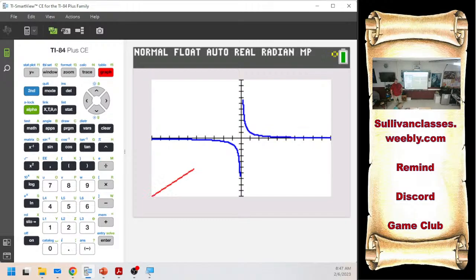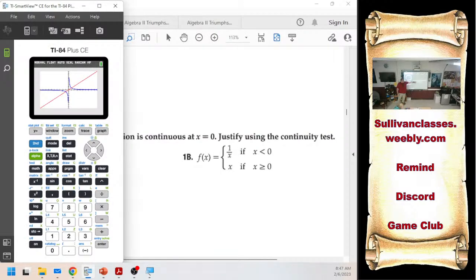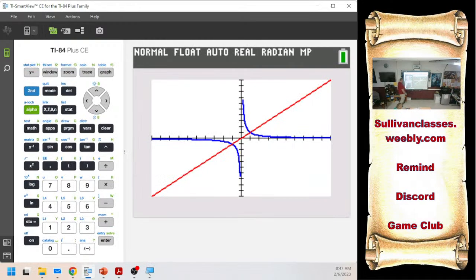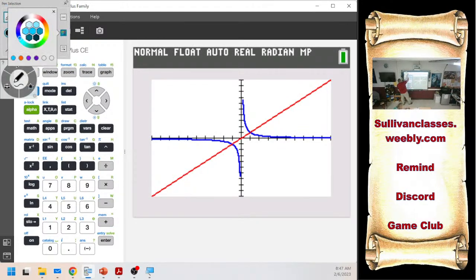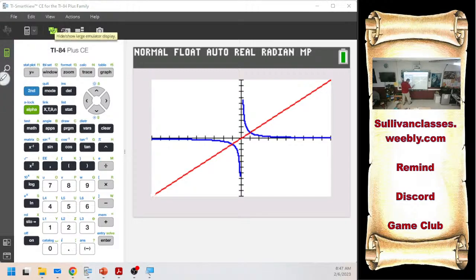When do I follow what? Okay, it says I'm going to follow the reciprocal function when x is less than 0. So that means this part doesn't matter.